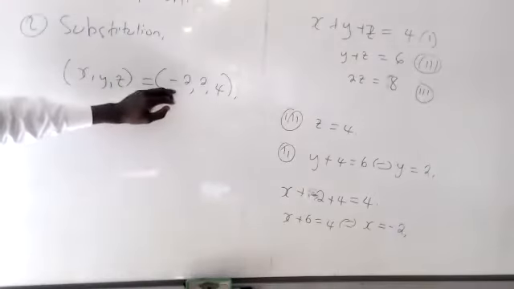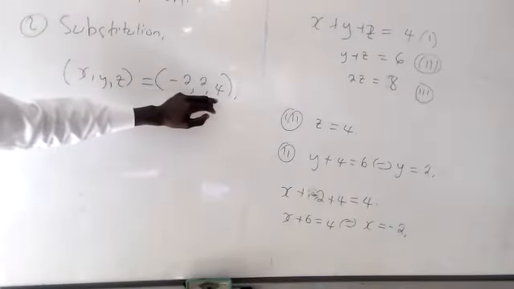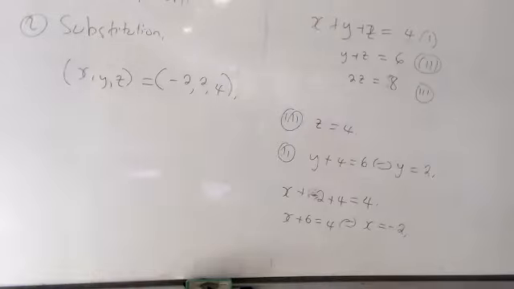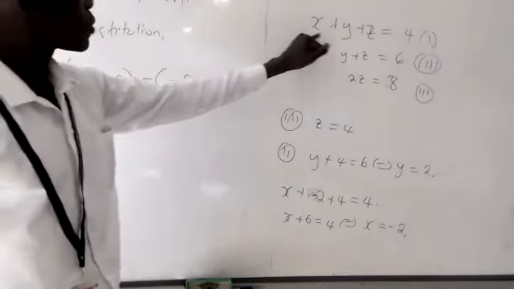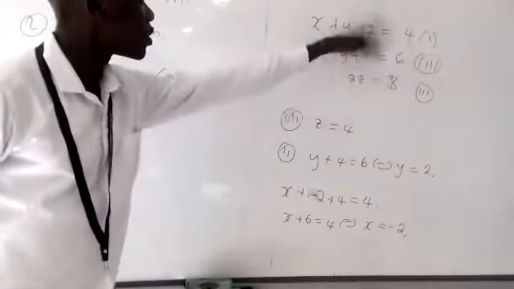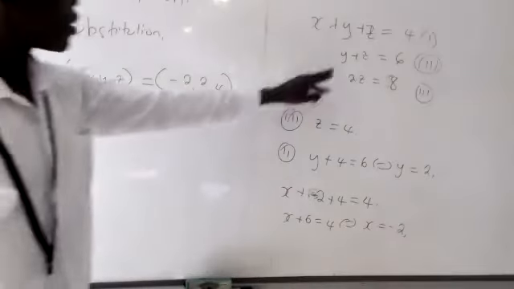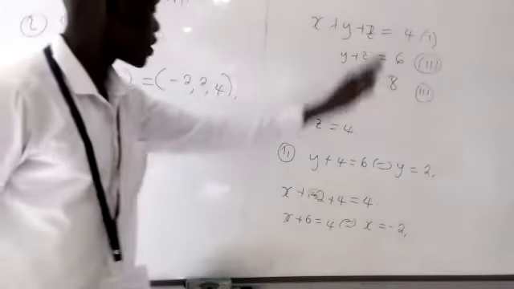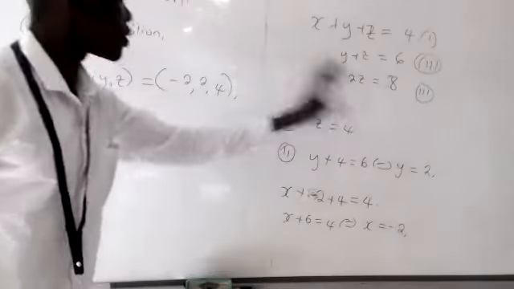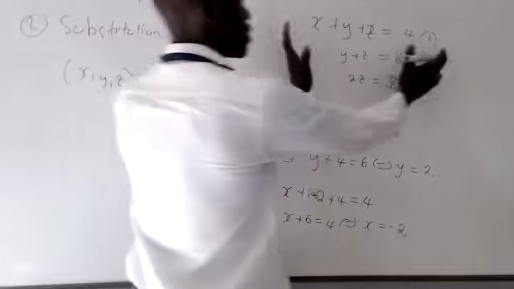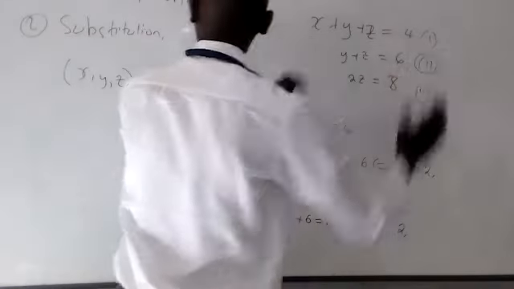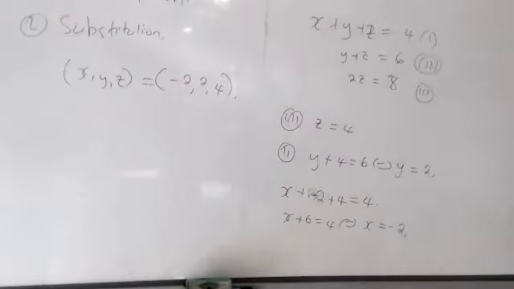So suppose I take minus 2 plus 2 plus 4, that gives you 4, so the first equation is satisfied. Y plus z, 2 plus 4 is 6, satisfied. 2 times 4 is 8, so that's satisfied. So it is true that this is a solution of this system, or these are roots of that system, or the zeros of that system.